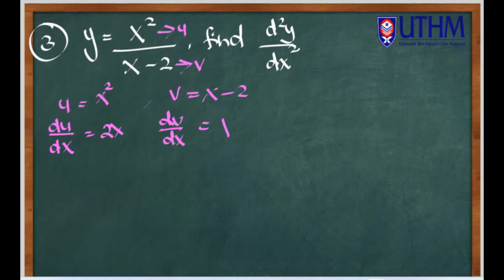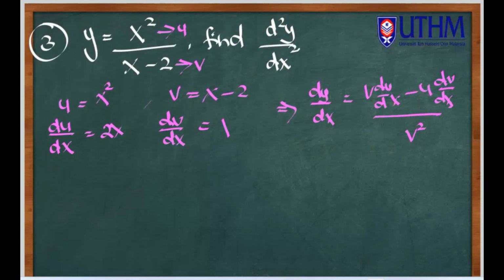If you remember the quotient rule formula, dy/dx is equal to v du/dx minus u dv/dx, divided by v squared.